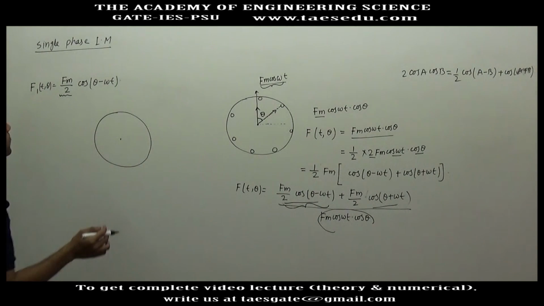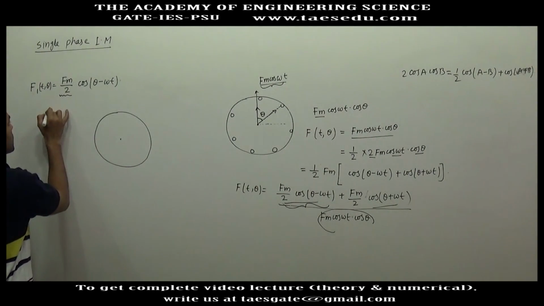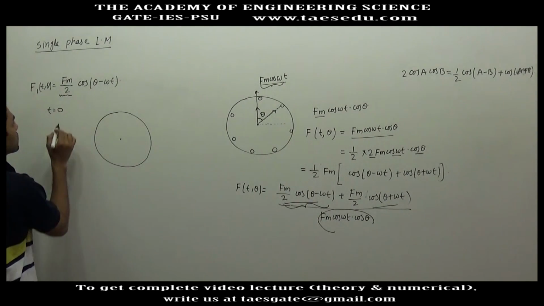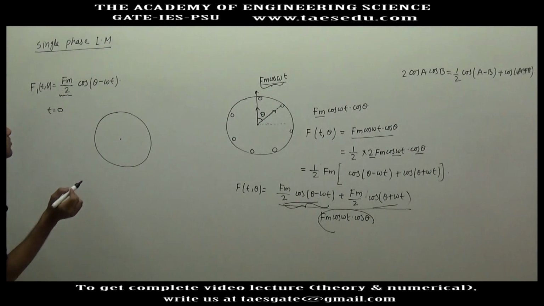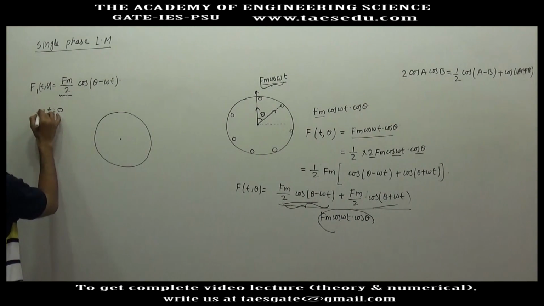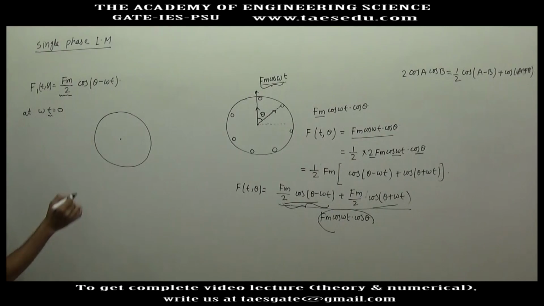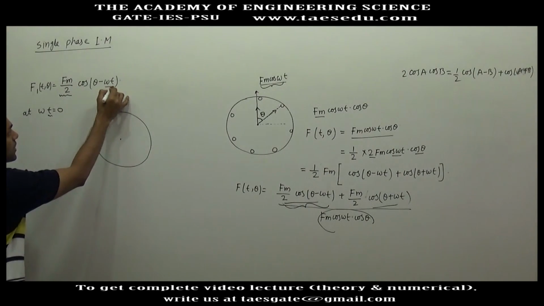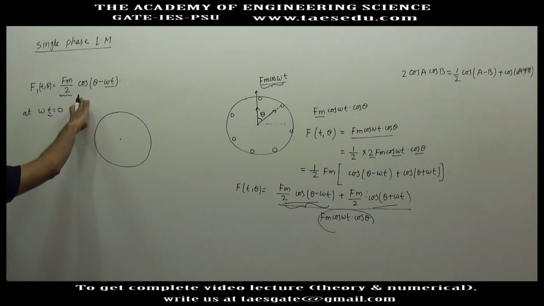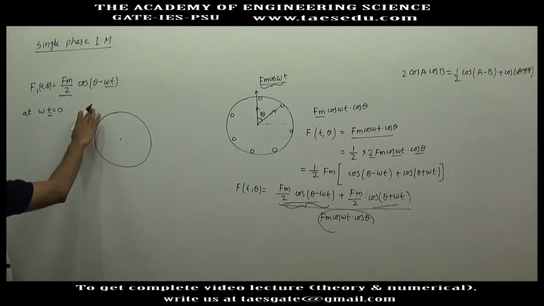Now if I ask you, for t equal to 0, or omega t equal to 0, what is the direction of maximum magnetic field? If you put omega t equal to 0, then maximum magnetic field will be for theta equal to 0 degree.